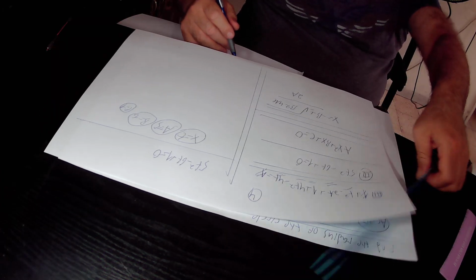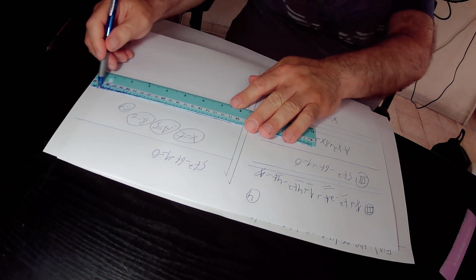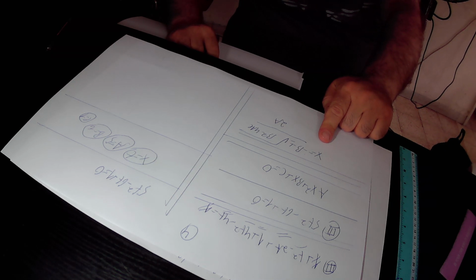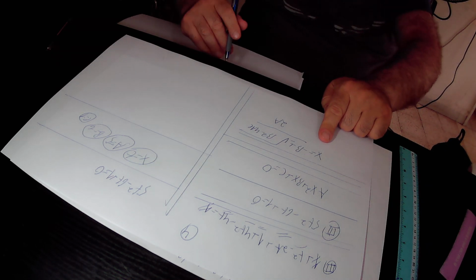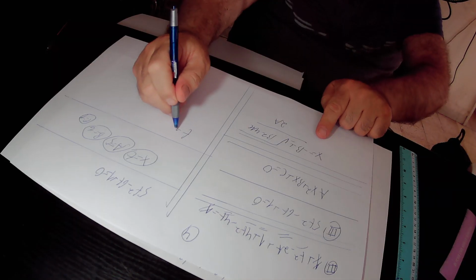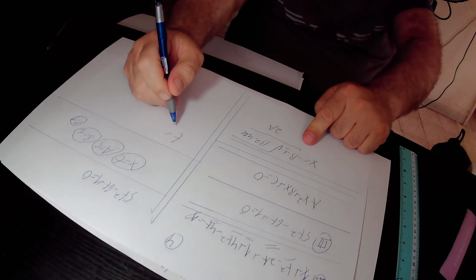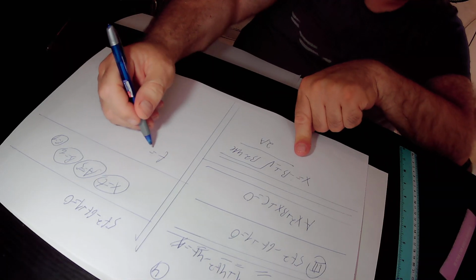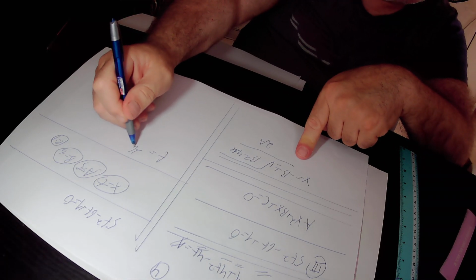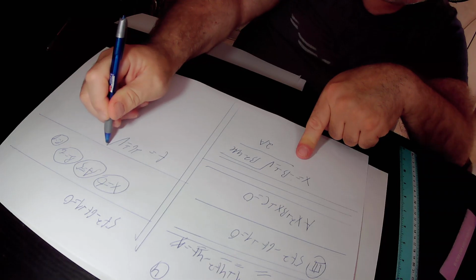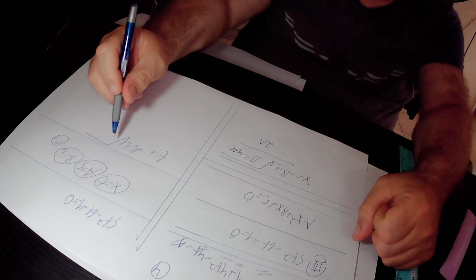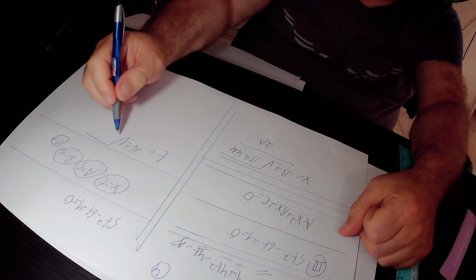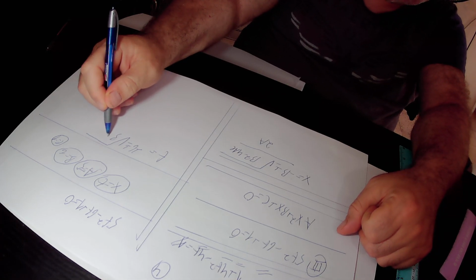We do it now. Here x equals t, so we substitute x by t, and we get that t equals minus b. b is minus 6, therefore minus b is plus 6, plus or minus the square root of b squared. b is minus 6, therefore b squared is 36.